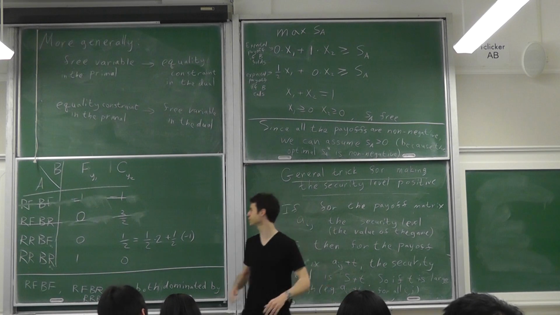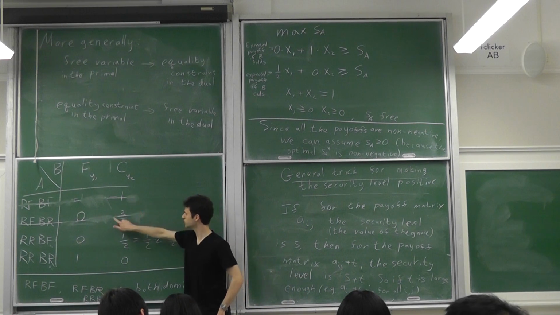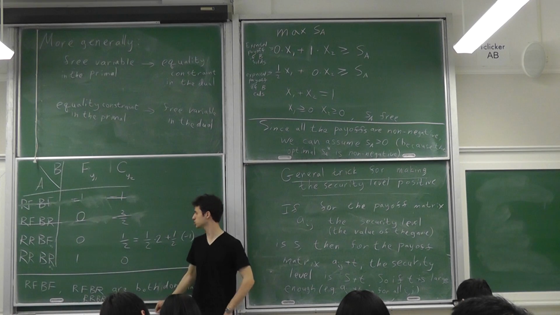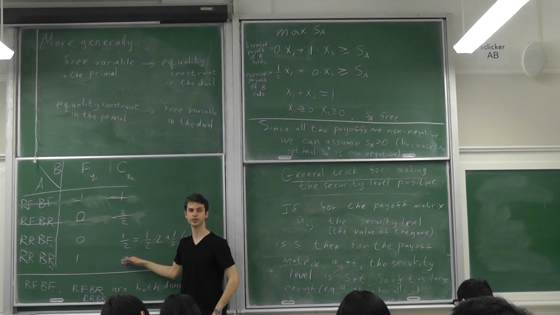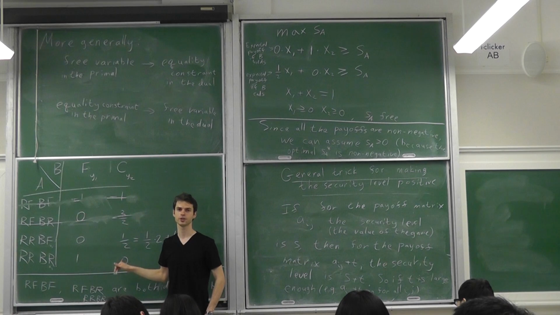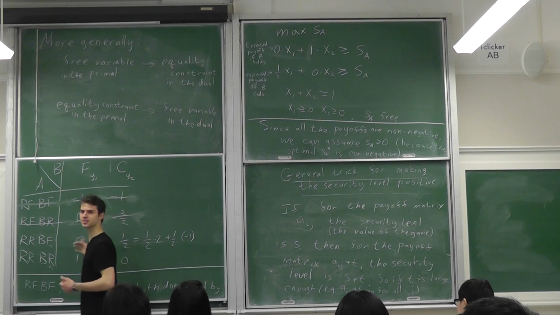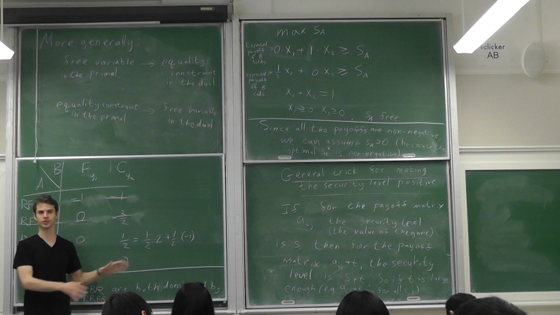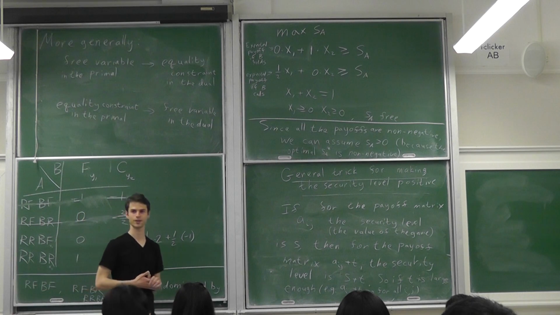Well, the strategy is like this. Increase all these numbers by 3 halves. Just add 3 halves to all the numbers in the table. It will make all the numbers in the table positive. Solve with these positive numbers. In the very end, subtract 3 halves from the payoff. You'll get the answer to the original problem.